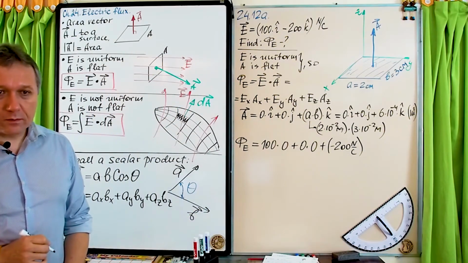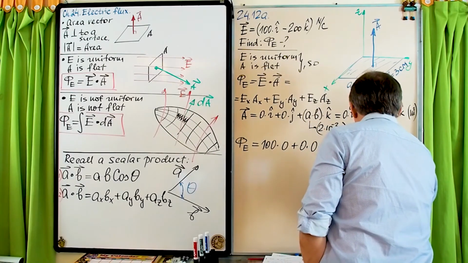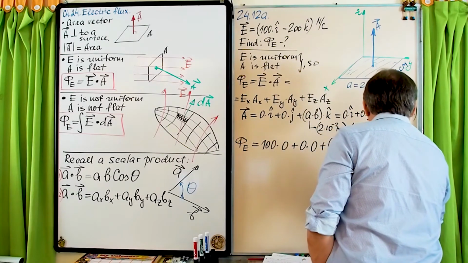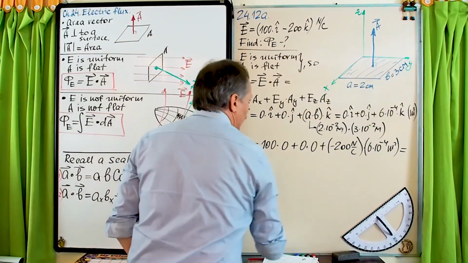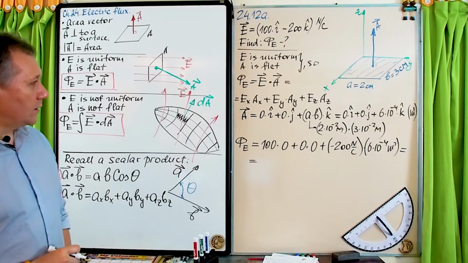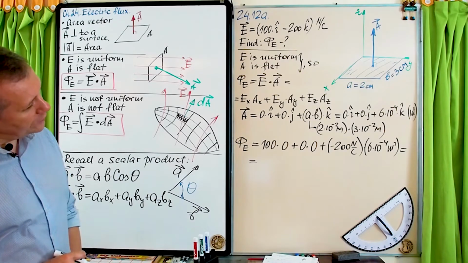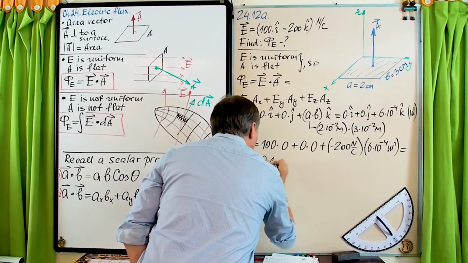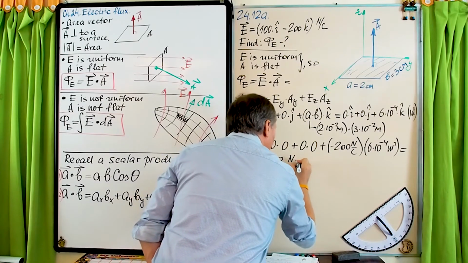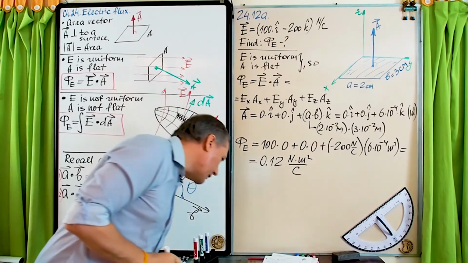And the z component of the area vector, 6 times 10 to the power of negative 4 meters to the power of 2. So the answer will be negative 0.12, newtons times meters squared divided by coulombs. Am I correct? Yeah.